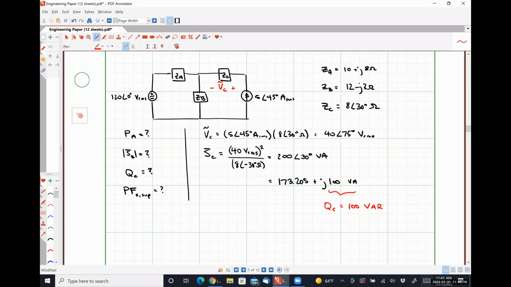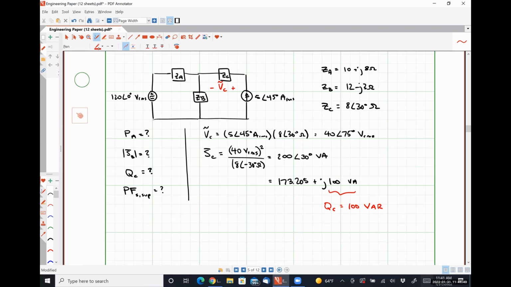So if we make the bottom node our ground and the top node our unknown quantity, we should be able to perform Kirchhoff's current law at that top middle node, which would allow us to determine the voltage drop over ZB, positive polarity on top. And then from that, we could do effectively this KVL to find the voltage drop over our impedance ZA as well. Okay, so that sounds reasonable.